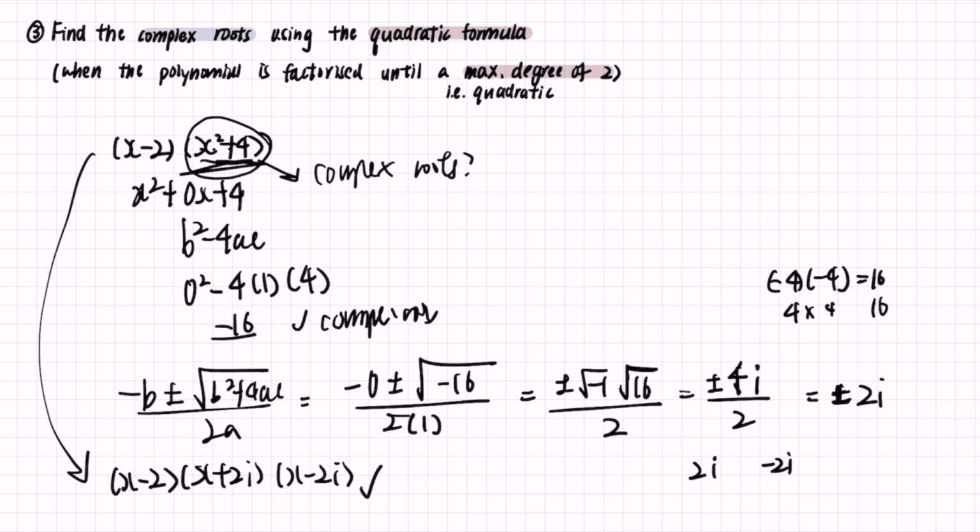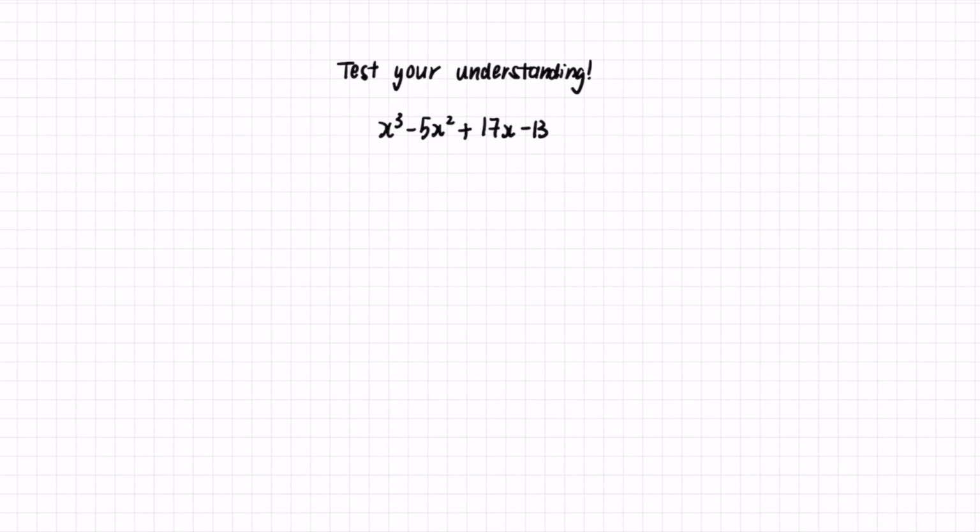Now, to check your understanding, please pause the video and do this following polynomial using what you've learned in the video just now. Okay, so first step, use the factor theorem to find the first root.